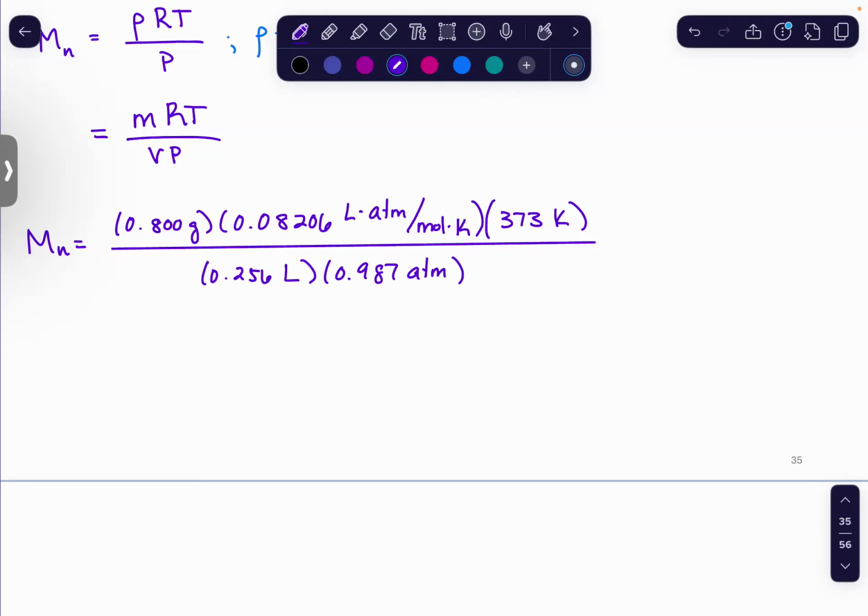When we multiply this all up, our molar mass is going to be 96.9 grams per mole for our actual compound.